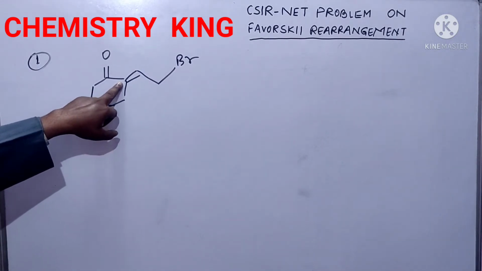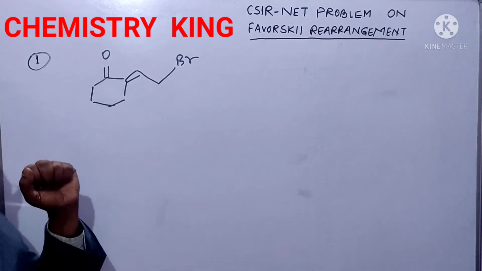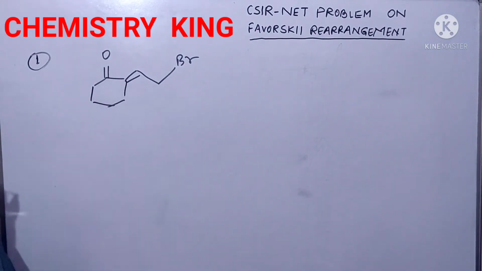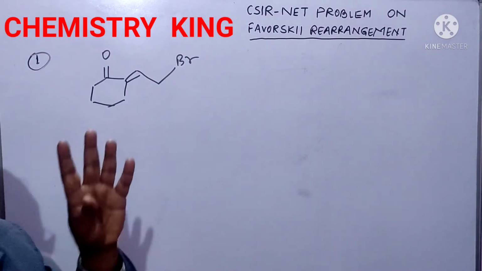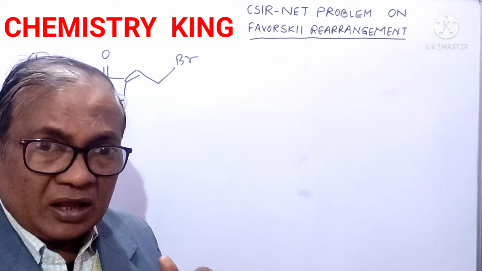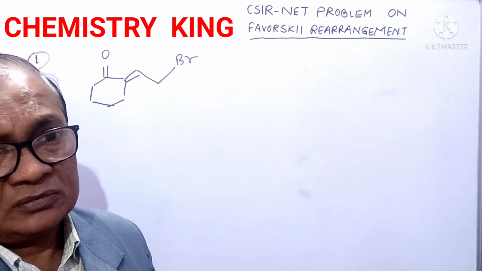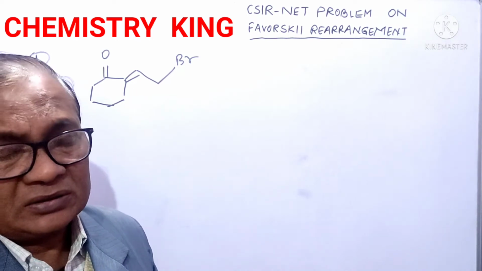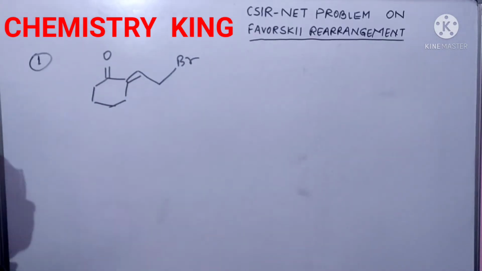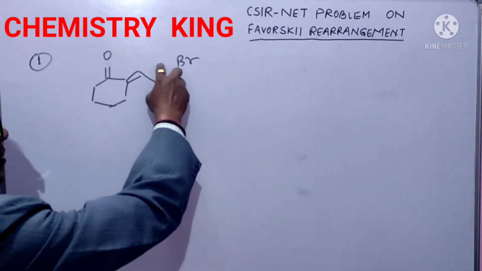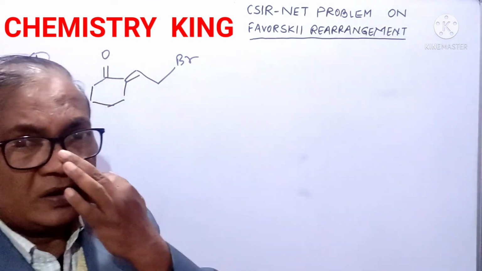This is alpha carbon and this bromine is not directly attached to this alpha carbon. So you cannot say it is an alpha haloketone. It is not an alpha haloketone. And yet it gives Favorski rearrangement. This bromine is a leaving group. This bromine is released from here easily.